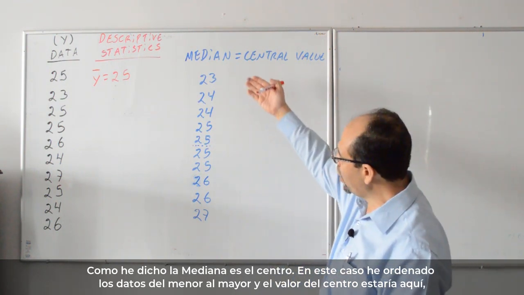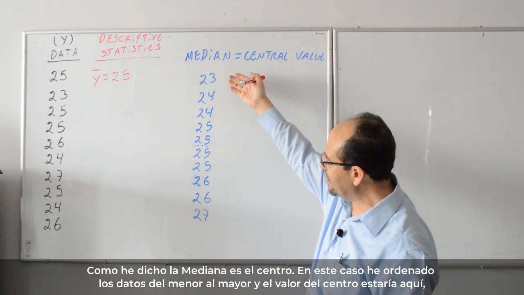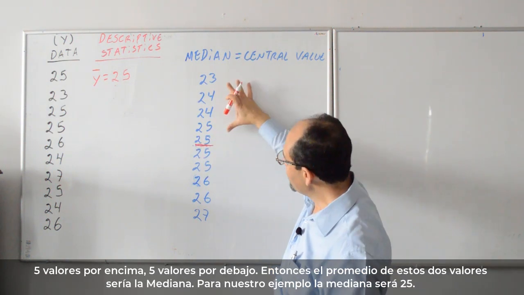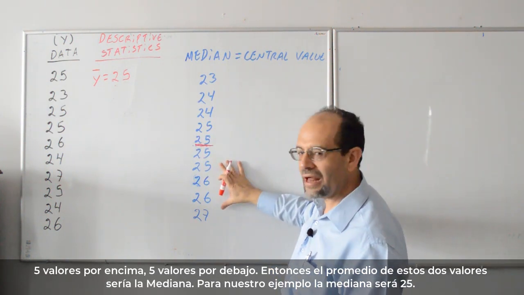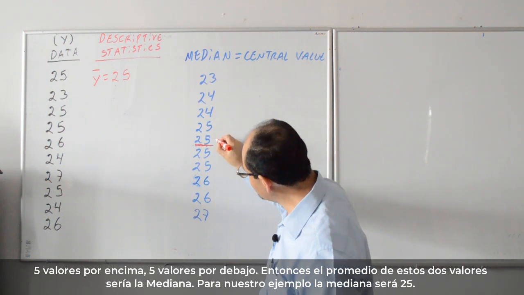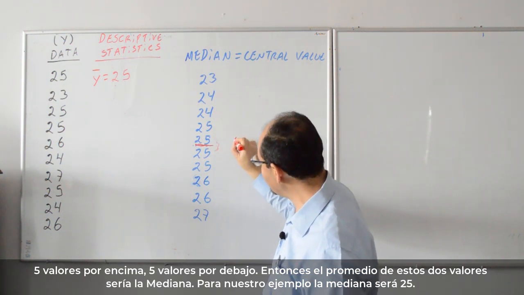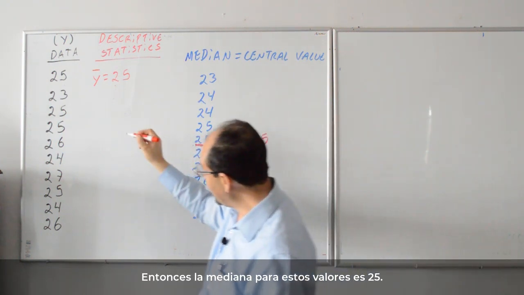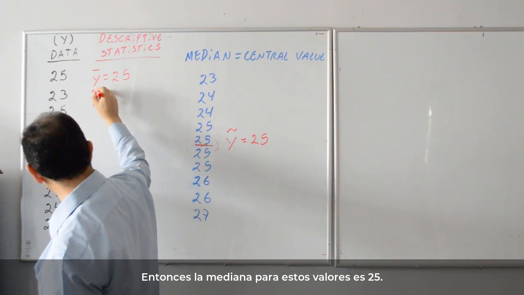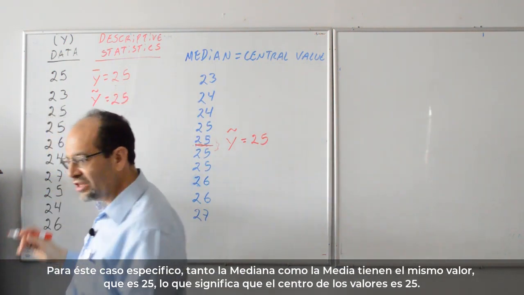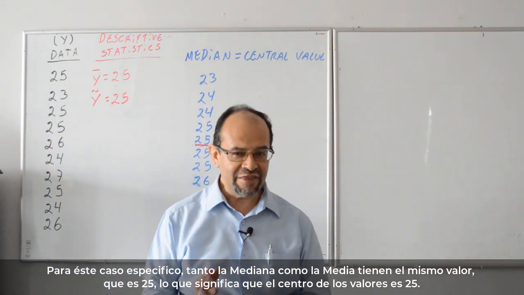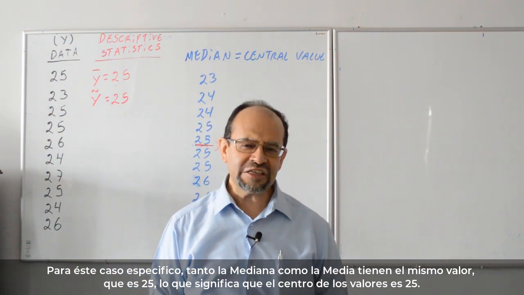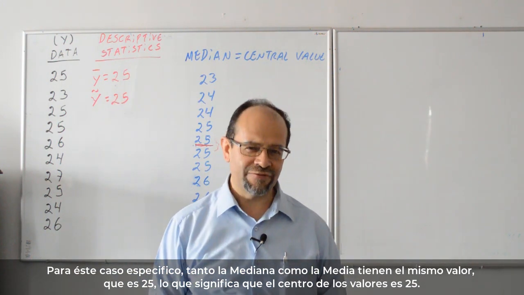So in this case, I have sorted the data from the minimum to the maximum, and the value at the center will be here. 5 values above, 5 values below. So the average of these two values will be the median. For our example, the median will be 25. For this specific case, both the median and the mean are at the same value, which is 25, which means that the center of the values is 25.